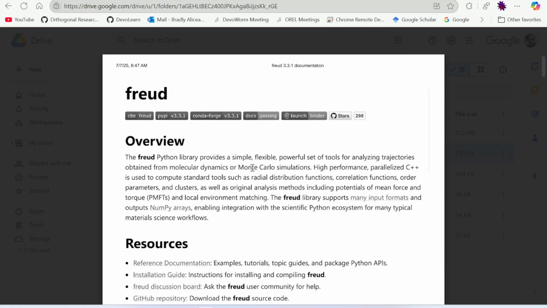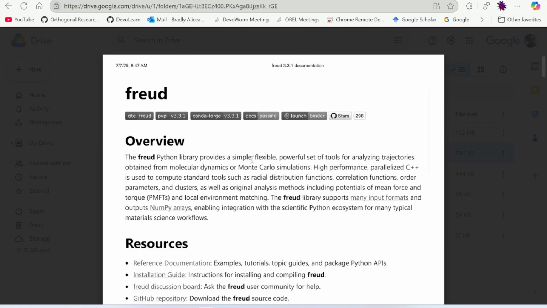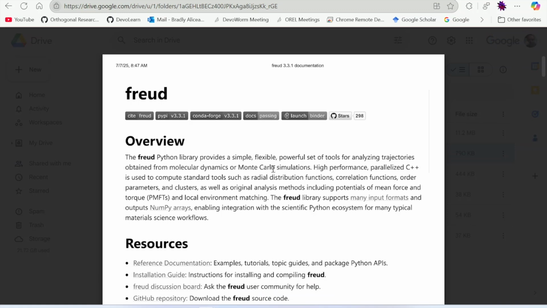This is a software package called Freud, which has nothing to do with psychology. This is a Python library to analyze trajectories obtained from molecular dynamics or Monte Carlo simulations. A lot of times when people do physics simulations, they'll do molecular dynamics simulations, and those give them the tools to do things like simulating the physics of cells.